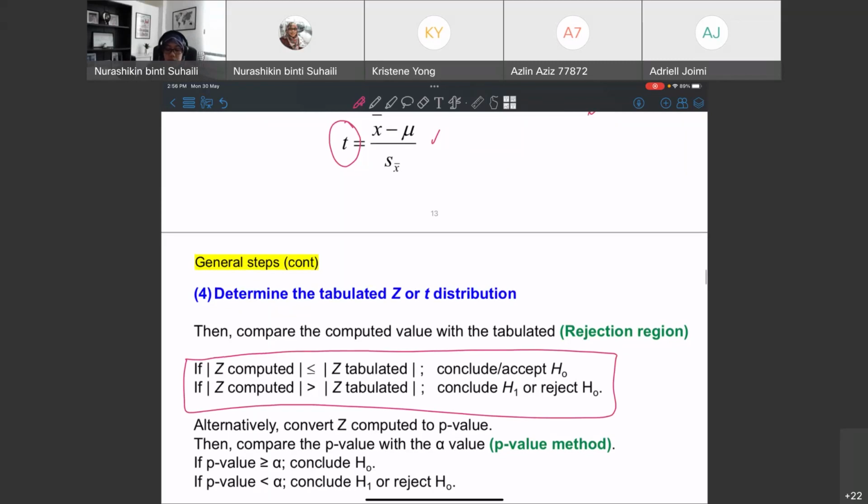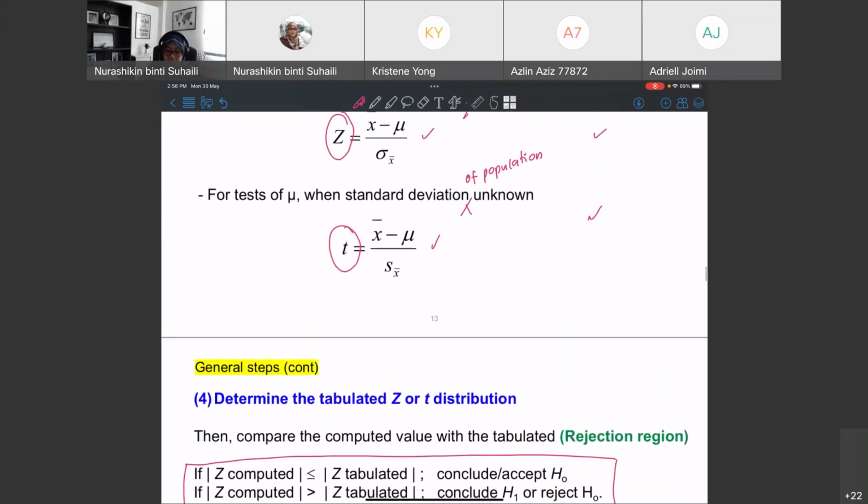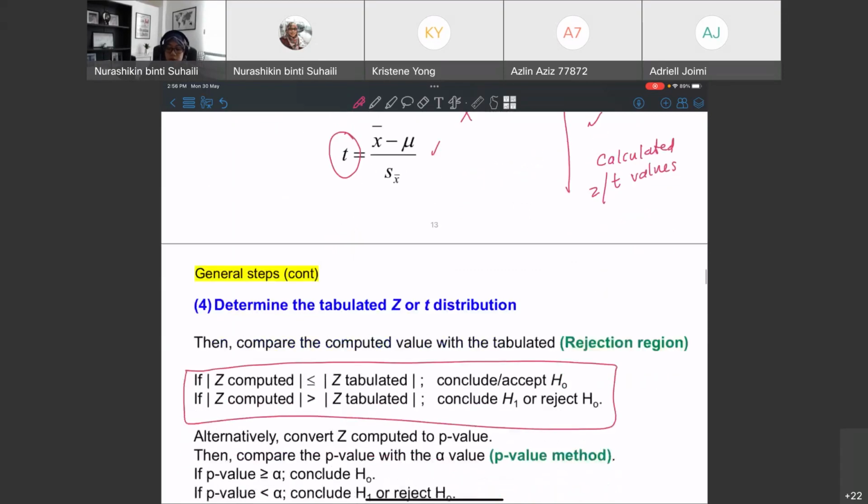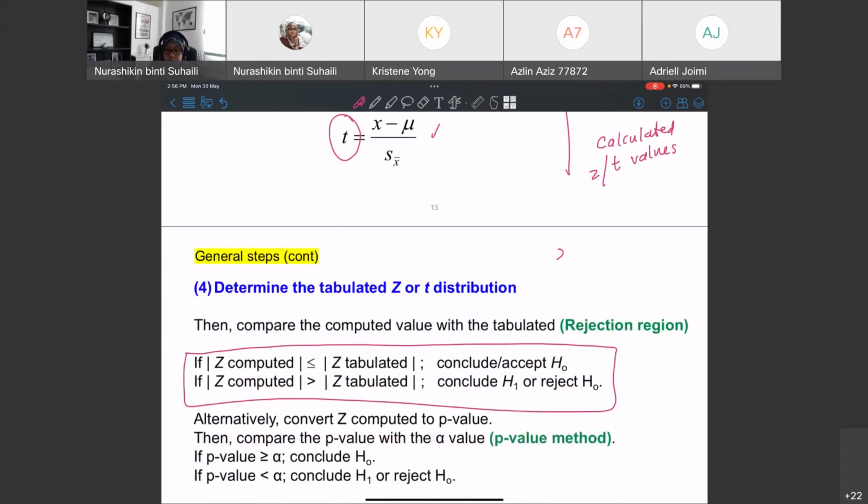Besides the computed Z or T values, we also have to find the Z or T values from the Z or T table.